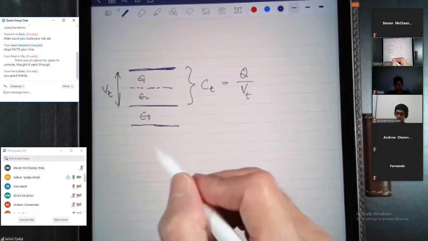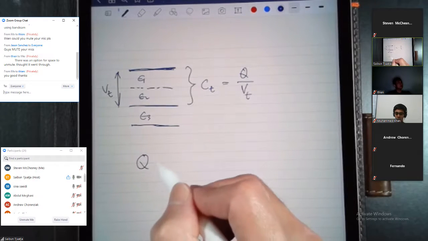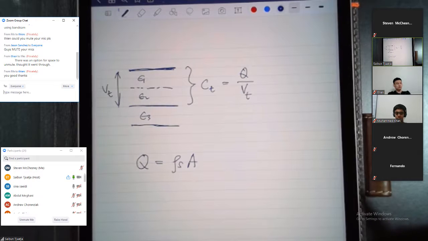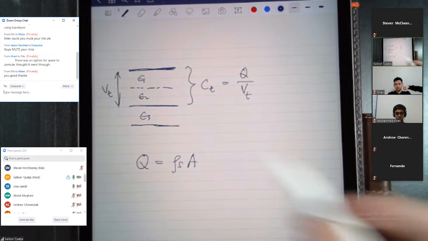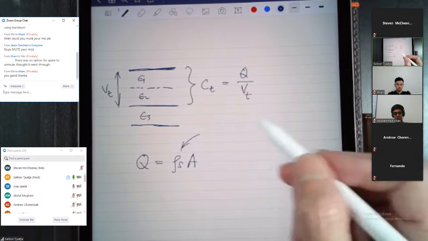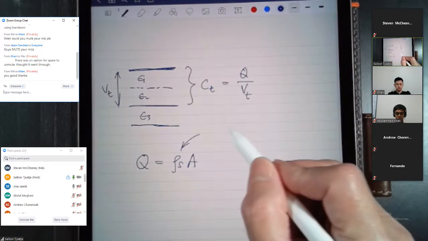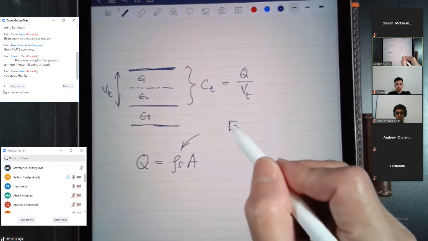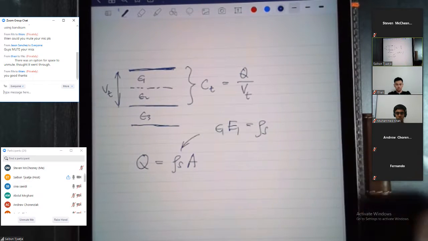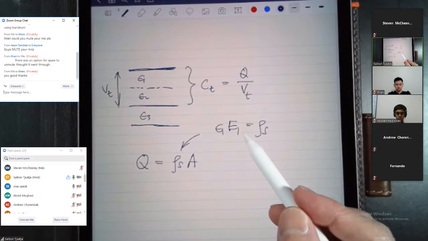Earlier we know that Q is equal to the surface charge times the area. The area is given. What is rho S? Rho S we solved earlier. Rho S is nothing but epsilon1 times E1. We know E1 already. We know epsilon1.